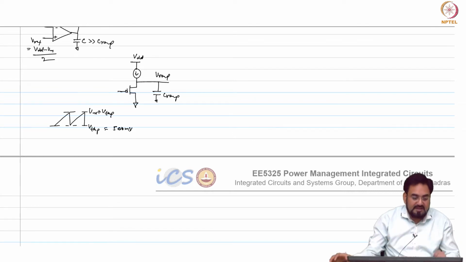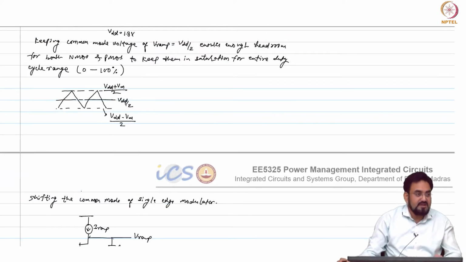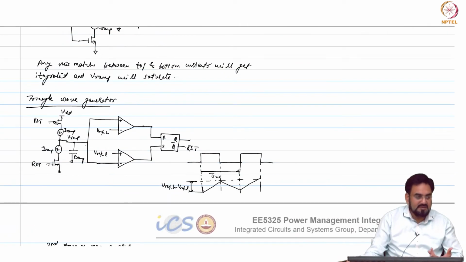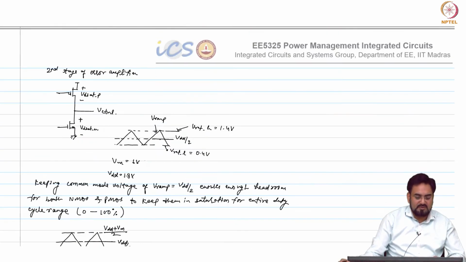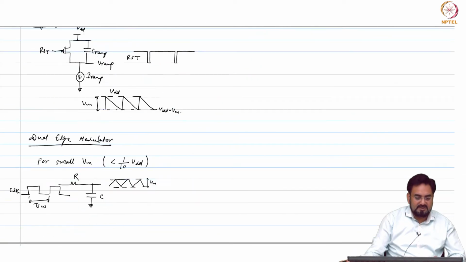So, you have to look at, let us say, your output operating voltage is always more than 50% of VDD, which means you are always above 50% duty cycle. Then you do not need to care about the lower level of the voltage, because you know your control voltage will never go below Vm by 2. So, in that case you can use this ground to reset your ramp.